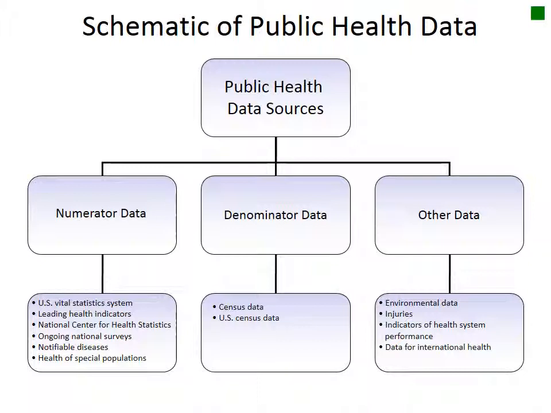The denominator we need, because we need to know what is the total, who is involved, and it would obviously give us a rate. And there are other data related to environmental injuries or occupational, as well as scorecards or benchmarks from health systems and international data as well.